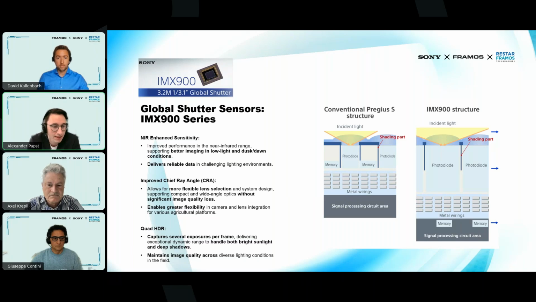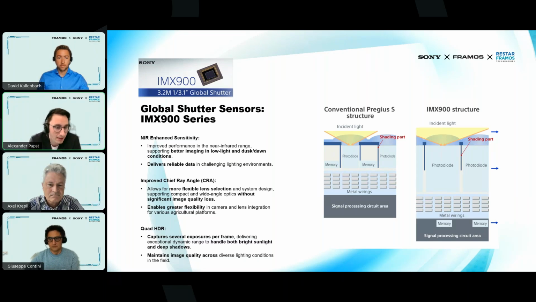And third and lastly, quad HDR technology. This quad HDR technology captures several exposures per frame, delivering exceptional dynamic range for a global shutter sensor, which has not been on the market before.